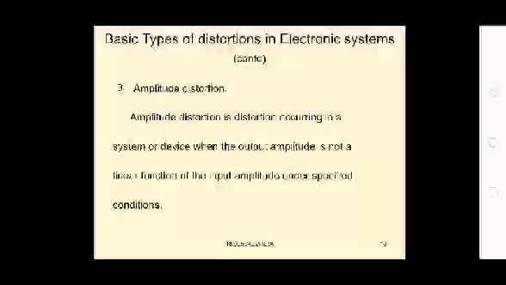Then we can say that amplitude distortion is taking place. That we are calling amplitude distortion.